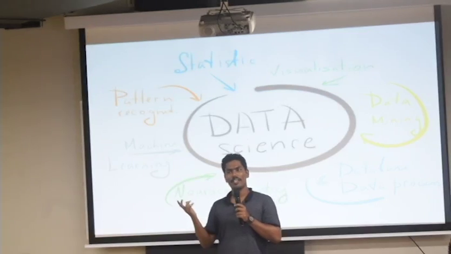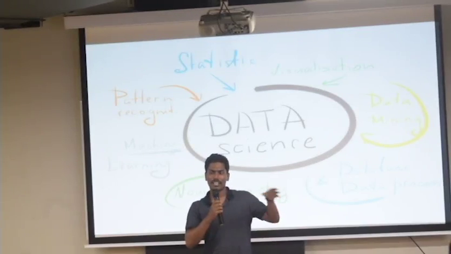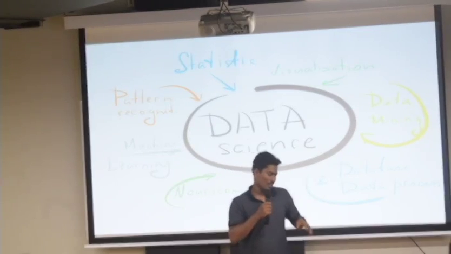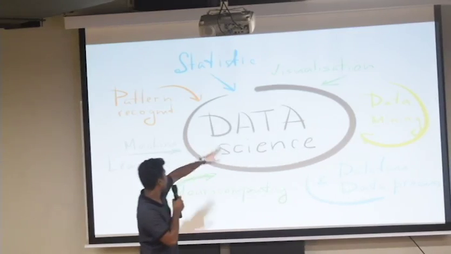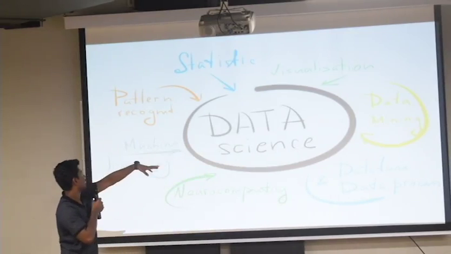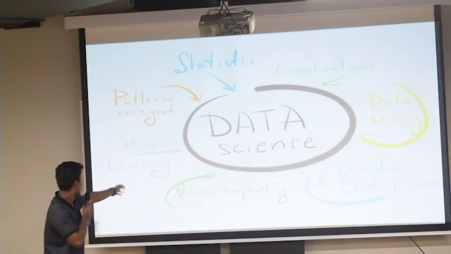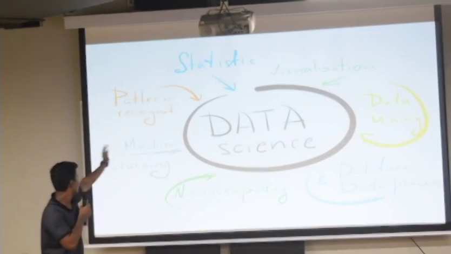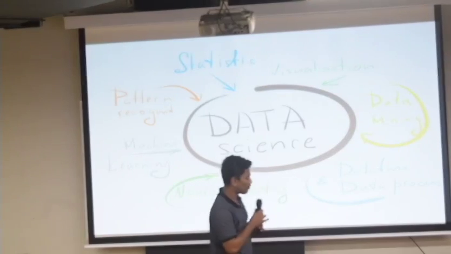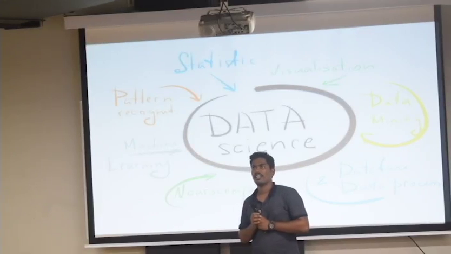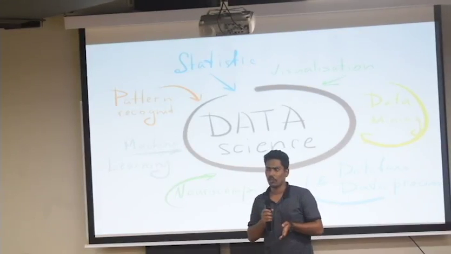You don't need any mathematical theories behind it, or statistics. But in this diagram we can see that data science is a mix of statistics, visualization, data mining, neuro computing, machine learning and pattern recognition. This is where I understood that data science is a very different path from conventional programming.